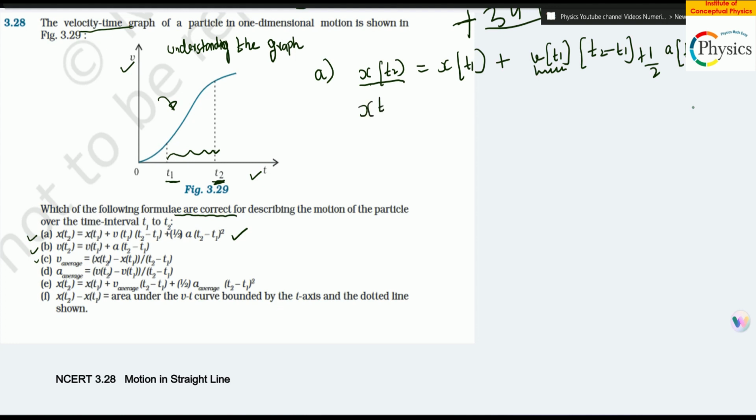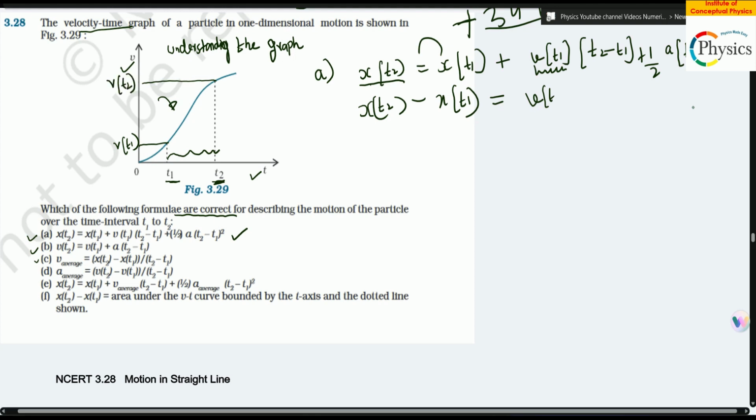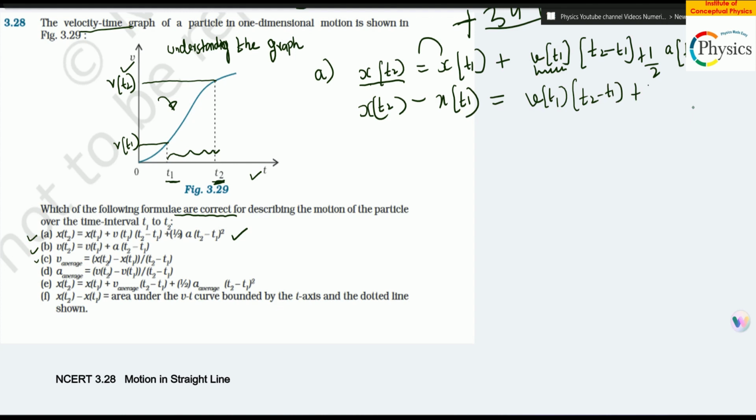The displacement is given by the final position minus the initial position, which is equal to the velocity at time t1, whatever the velocity is here, this is vt1, and this is the velocity vt2, times delta t, which is t2 minus t1, plus half acceleration times (t2 minus t1) squared. Do you see there is a mistake in this particular formula?